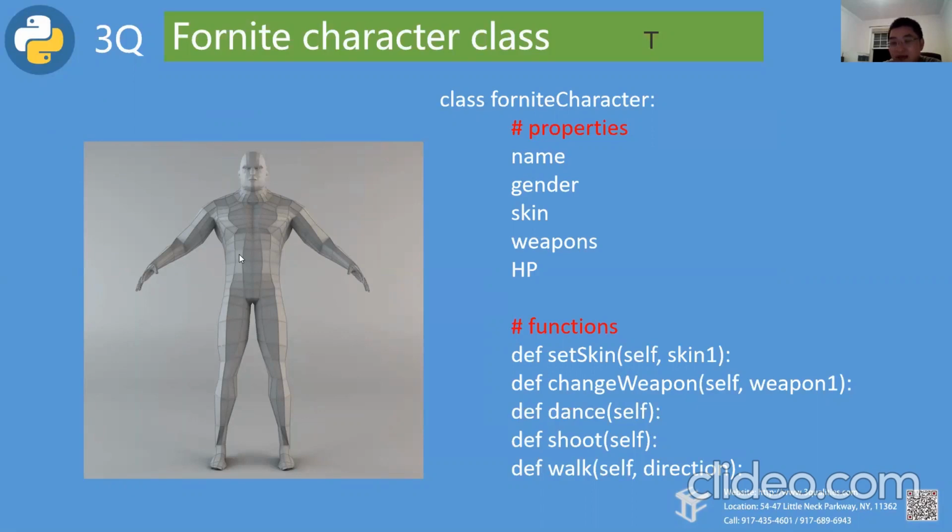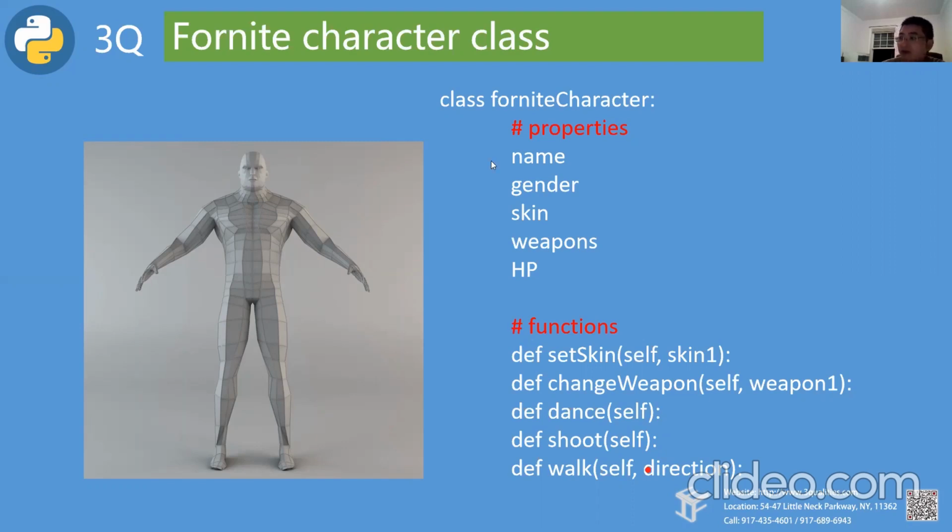The character needs to have a gender. The class needs to have a skin, whatever you dress. And it could have weapons, and it's not just one weapon, it can have a list of weapons.